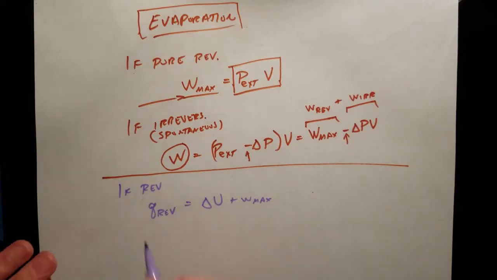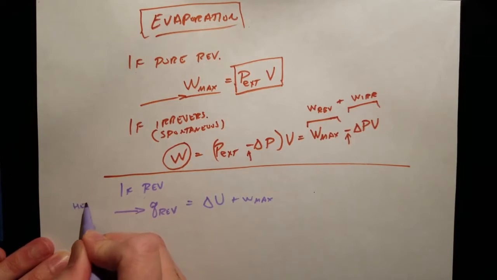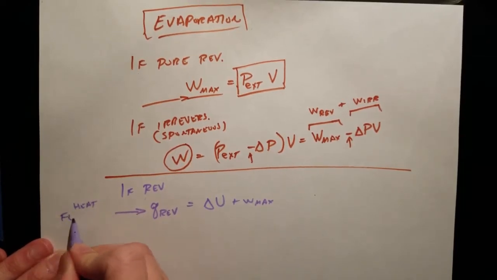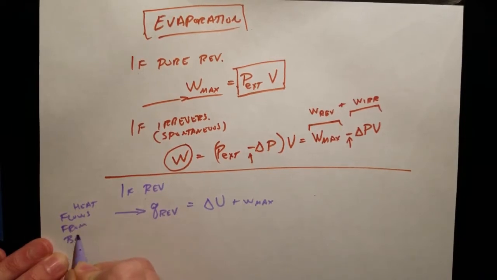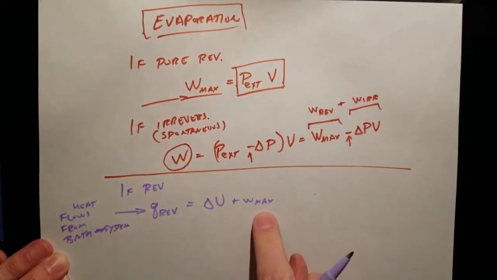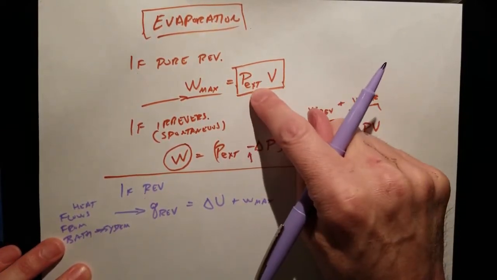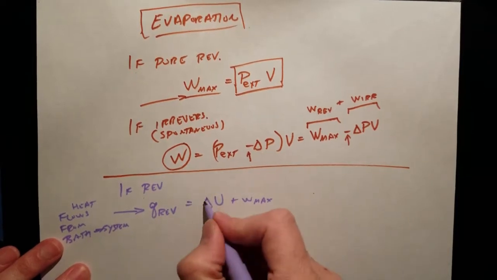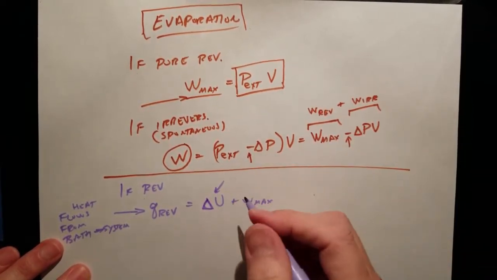And this is the heat that flows from the bath into the system. So this W max, again, is our PXV. And this delta U is the system's change of energy.